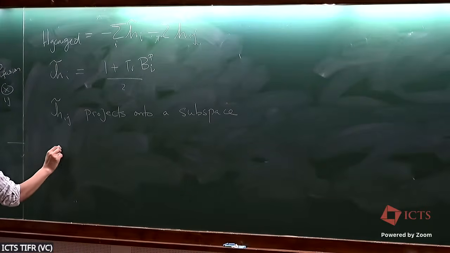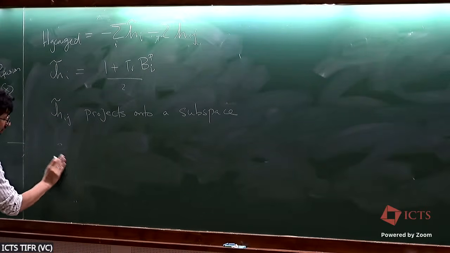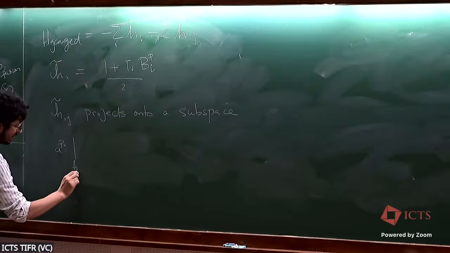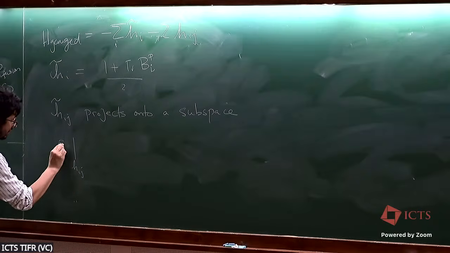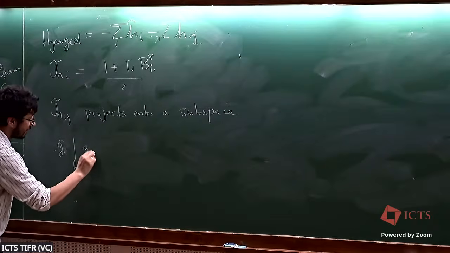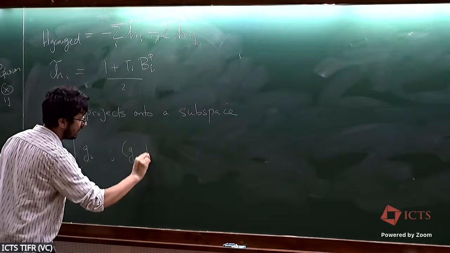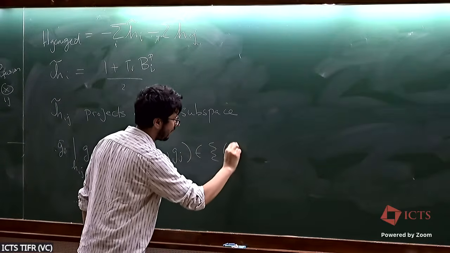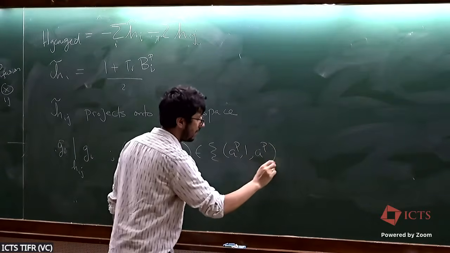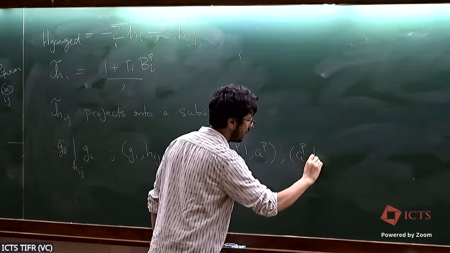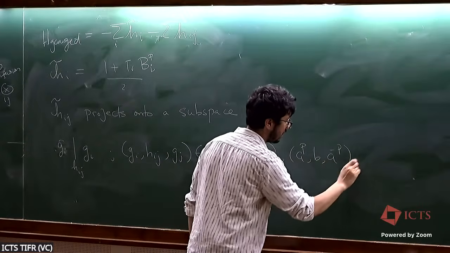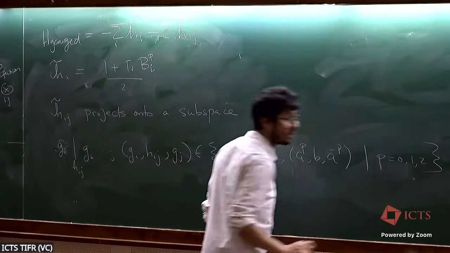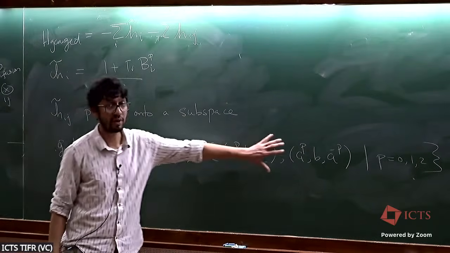So if you have G_i or A to the P_i, H_ij, when we say G_i H_ij G_j, then we want G_i H_ij G_j to be, there's some projector that projects onto configurations of this type.